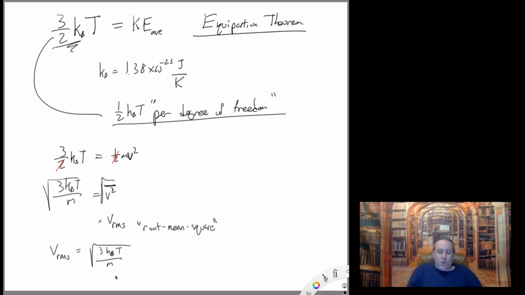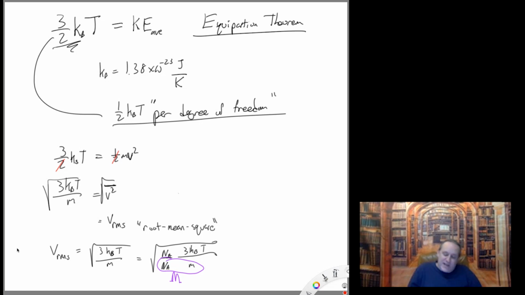So normally we can look up the molar mass or atomic mass of oxygen more easily than the mass of a single molecule, so it's kind of convenient. This is a little bit of a trick: multiply by Avogadro's number on the top and bottom. Avogadro's number times the mass of a single molecule gives you the molar mass.